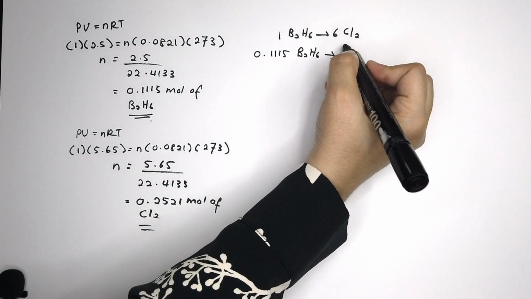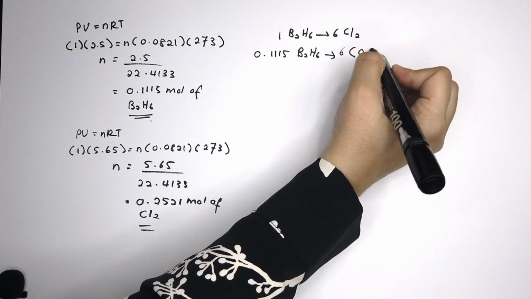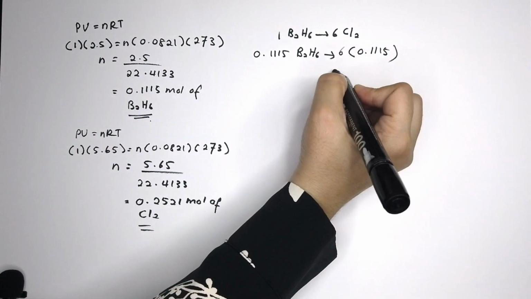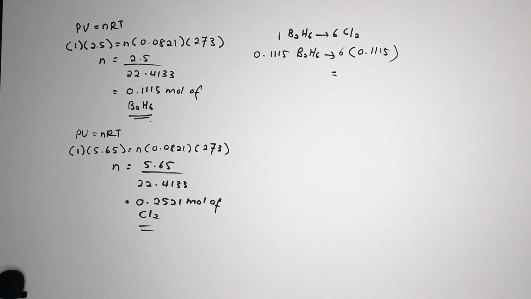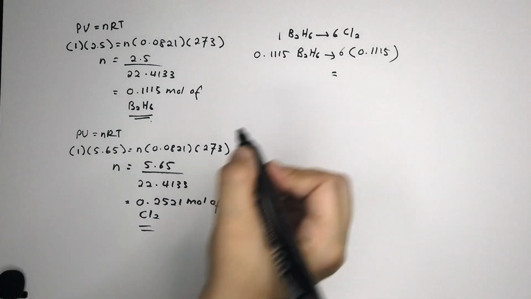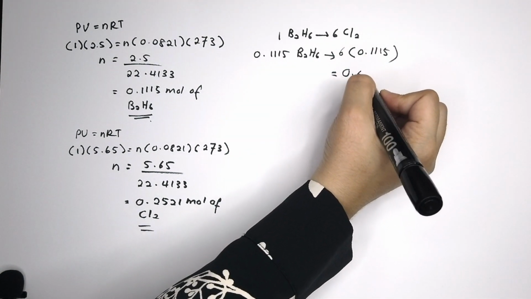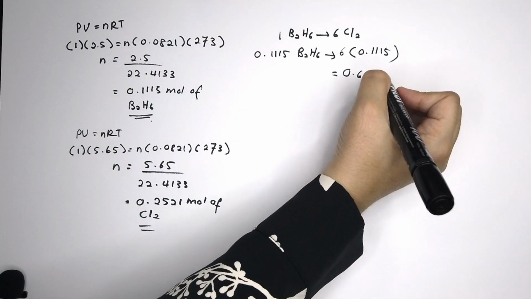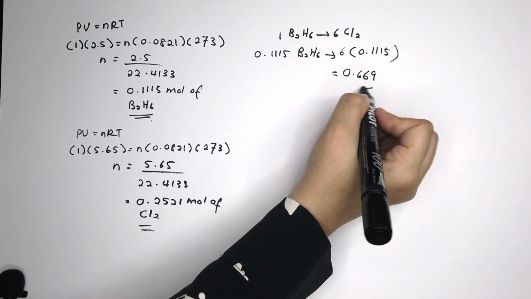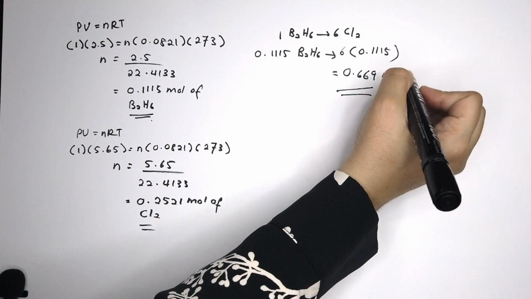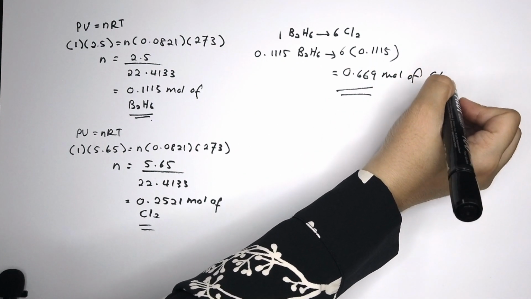You just need to multiply 6 times 0.1115. So actually you should need 0.669 mole of Cl2.